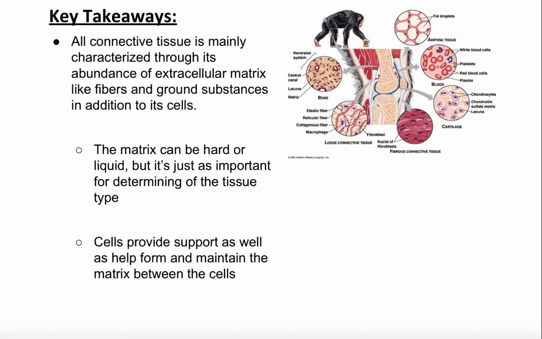The extracellular matrix, again, is made of fibers and ground substance. The matrix and the ground substance within it can be hard or liquid, and it's just as important for determining what type of tissue we're looking at. The cells do have other roles, but a big role they have is to support and maintain the matrix between cells.